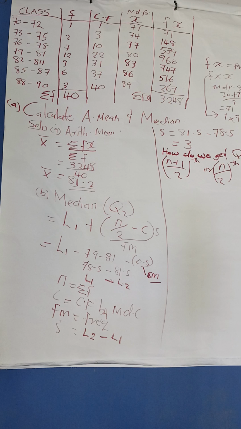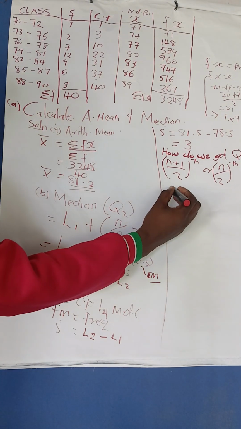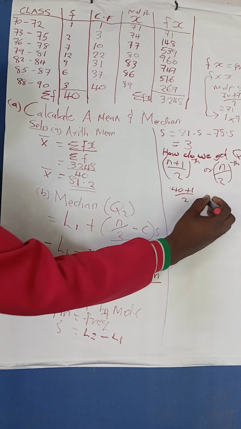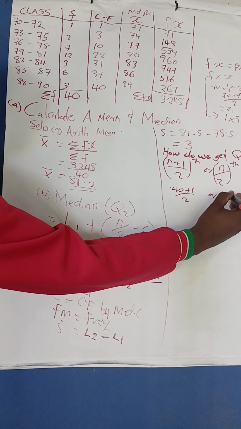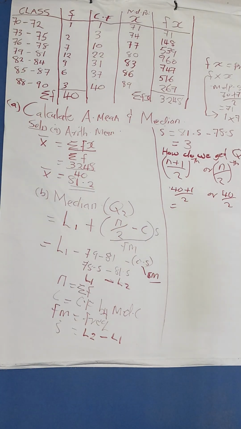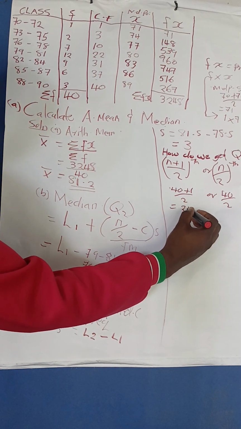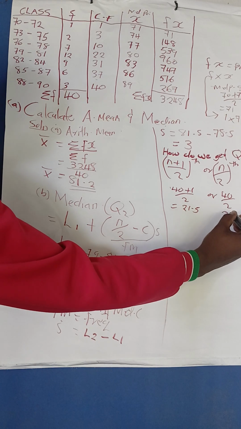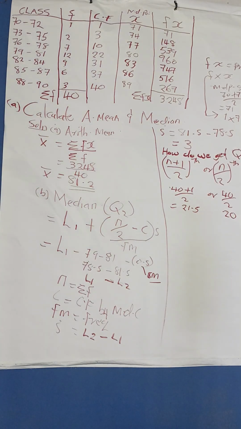N we all know is the total frequency, which is 40. So 40 plus 1 divided by 2 will give you 21.5, or 40 divided by 2 will give you 20. Good.